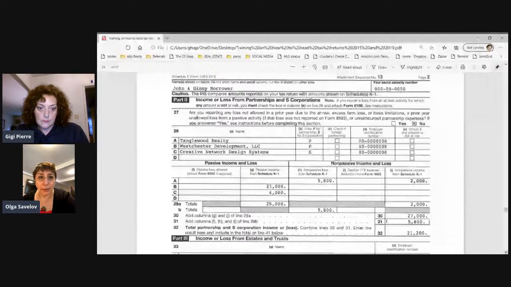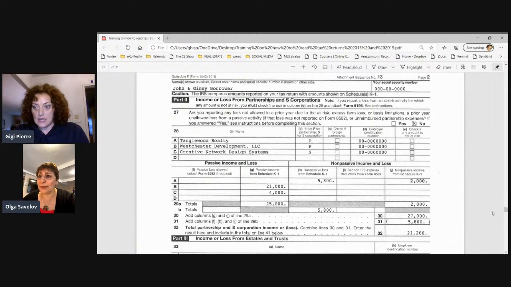So basically it has three different incomes. You have two partnership incomes and one is a Schedule S income. So it's A, B, and C. Okay, so we have P, P, and S.